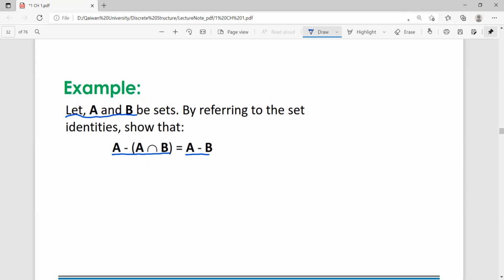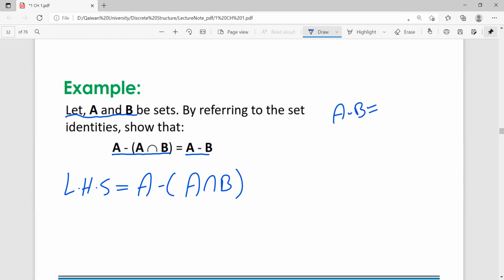We say left hand side equals A difference A intersection B. We have a property or an identity that says if you have A minus B, it equals A intersection B complement.